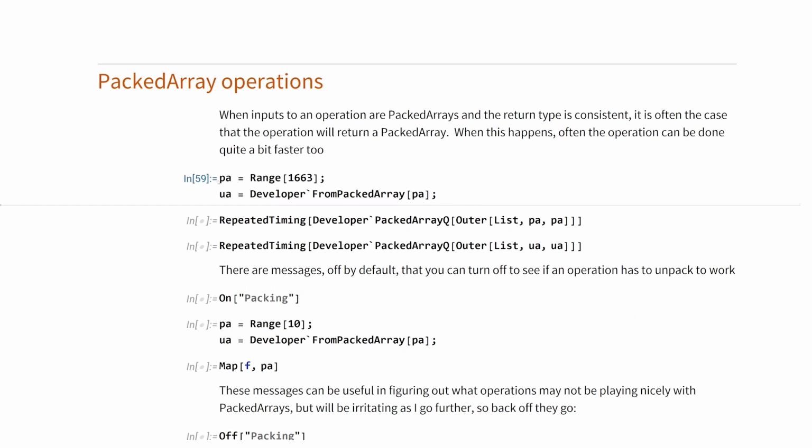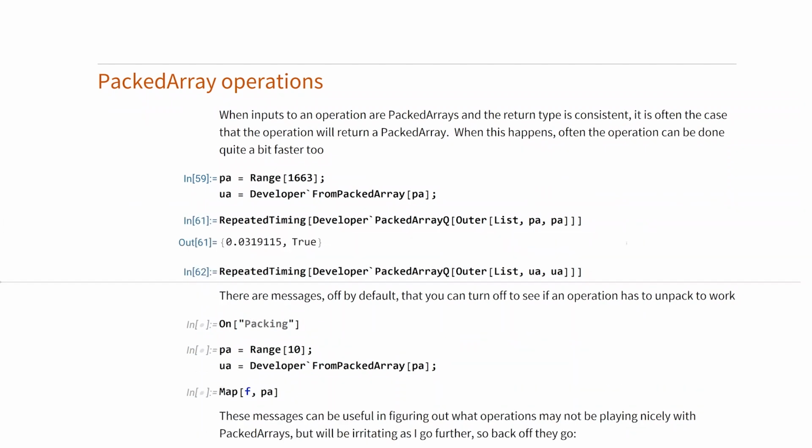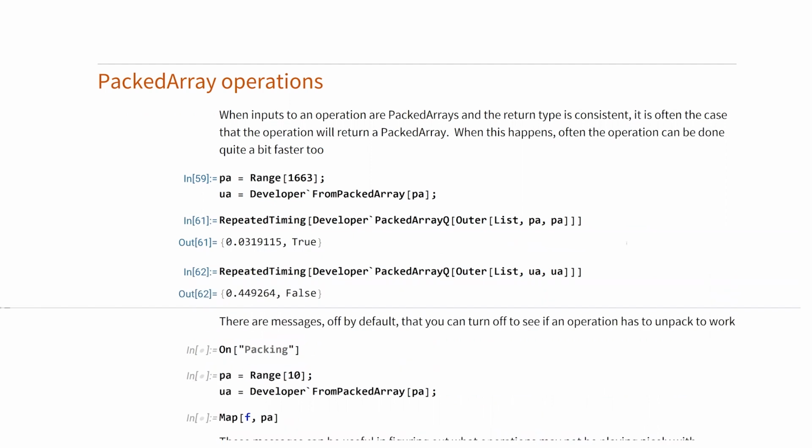Okay, so let's take a bigger packed array and let's compare. So we have a packed array and an unpacked array, and let's compare the timing. I almost always use RepeatedTiming to compare timings, because absolute timing usually doesn't get enough information within the granularity. And so RepeatedTiming is a much more effective way to test timing.